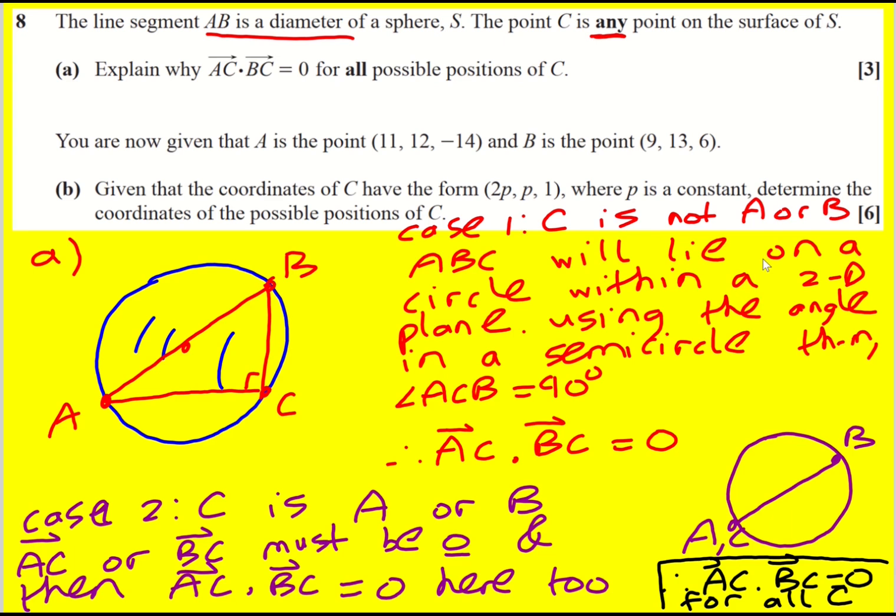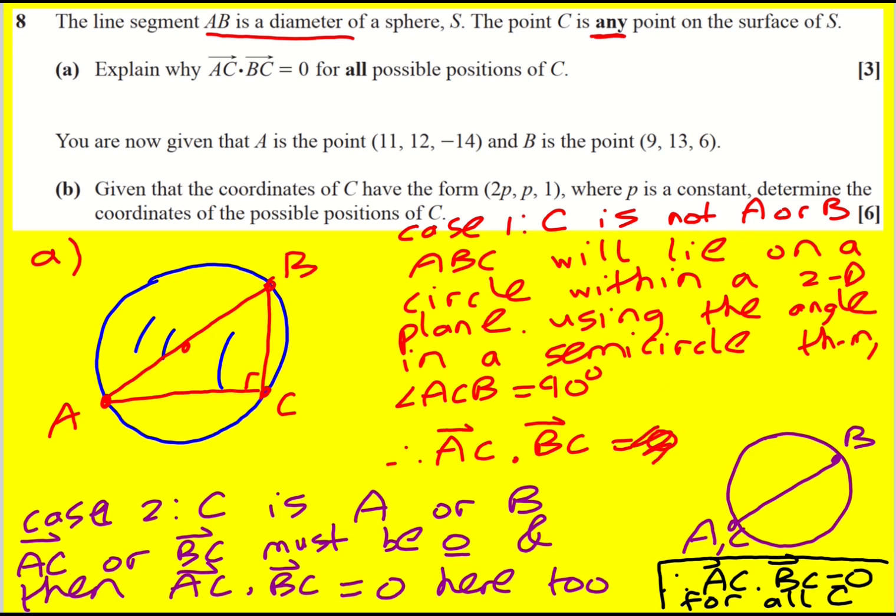The mark scheme has a more complicated reasoning as an alternative. I'm not going to talk about that. I just think this is definitely the way to go. I would have gone straight for the fact that if the angle is 90, the dot product is 0, but because it's an explain question, I probably should have said a little bit more.